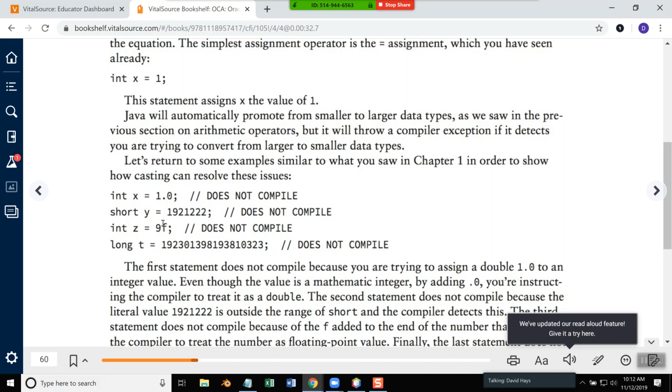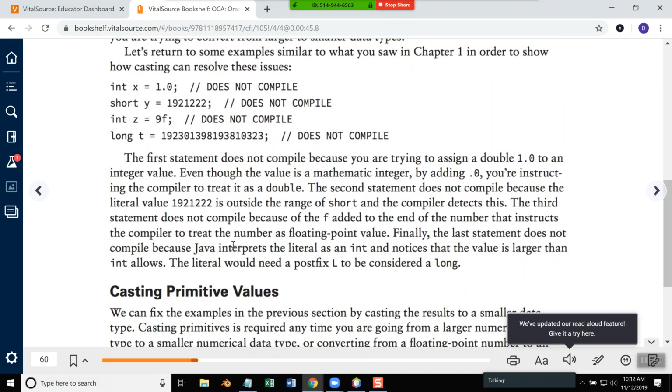9f. F is floating point, which is a higher precision than integers. You can't assign that back. And I'm assuming that's too big of a number for long. Final large interprets literal as an integer. Oh.